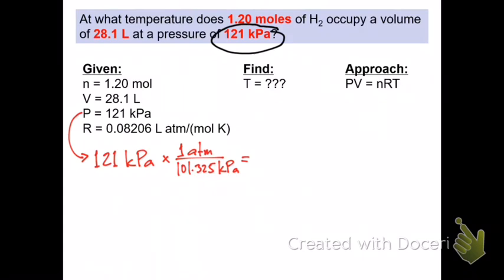All right, so kPa would cancel out. And we get 1.19 atmosphere.